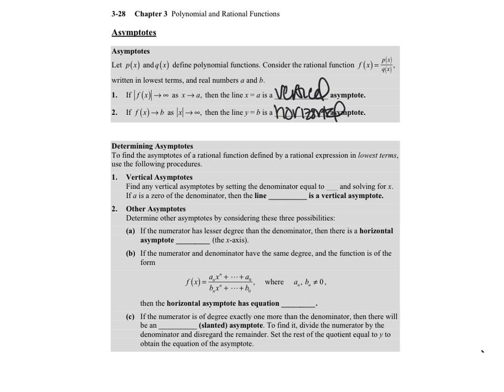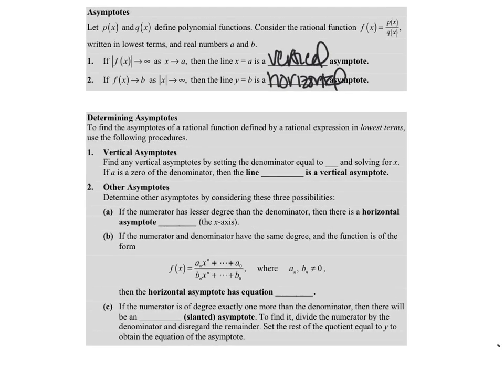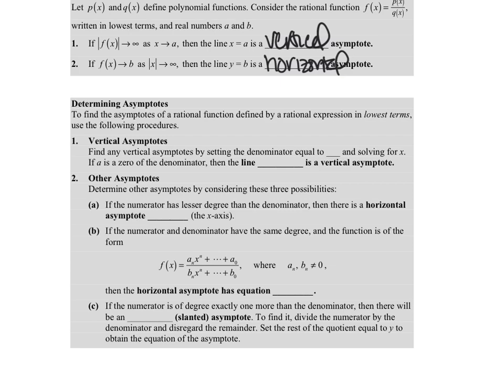Okay, to find the asymptotes of a rational function defined by a rational expression in lowest terms, to find the vertical asymptote, you're going to set the denominator equal to 0 and solve for x. If a is a 0 of the denominator, then the line x equals a is a vertical asymptote.